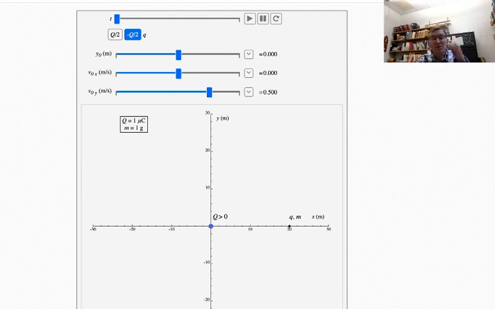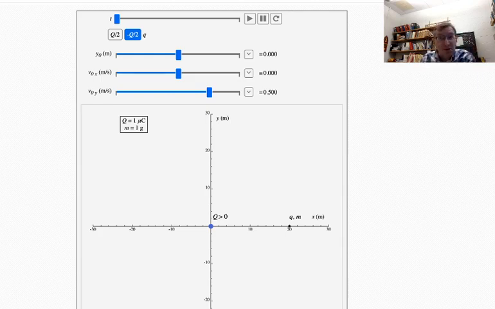And now you also know the initial position of that particle. This is t equals 0. It's at x equals 20 meters, y equals 0, and the sliders let you pick the initial velocity. The initial x velocity is 0, and the initial y velocity is 0.5 meters per second.